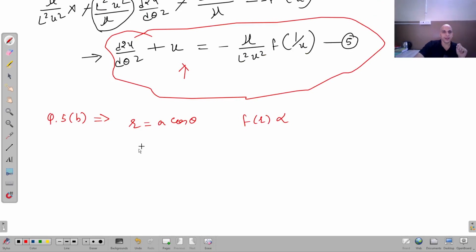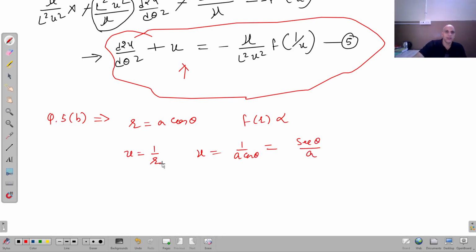Now as we are given r is equal to a cos theta, and this equation is basically in u, and we know u is equal to 1 upon r. So if I put the value of r here, I get u is equal to 1 upon a cos theta. So it becomes secant theta upon a, right?